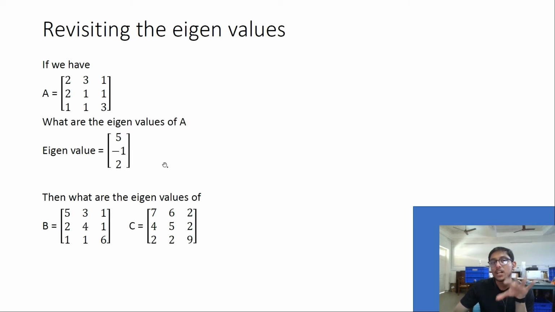The point that I want to make with this slide is, if you know the eigenvalues of this particular matrix A, can you tell me the eigenvalues of matrix B and matrix C without doing any calculation, within 1 minute or even 30 seconds? If I give you the eigenvalues of matrix A, I want in chat, or you can unmute and tell me the eigenvalues of matrix B and C without calculating.